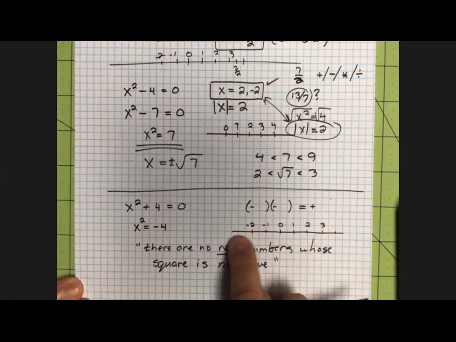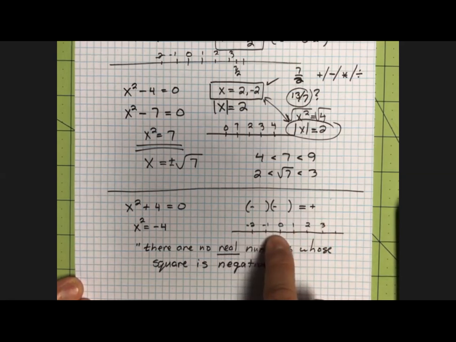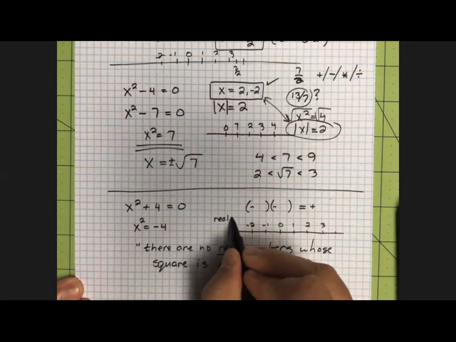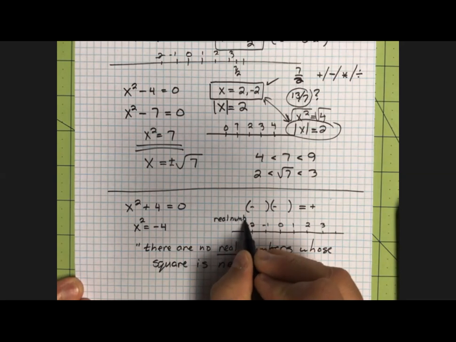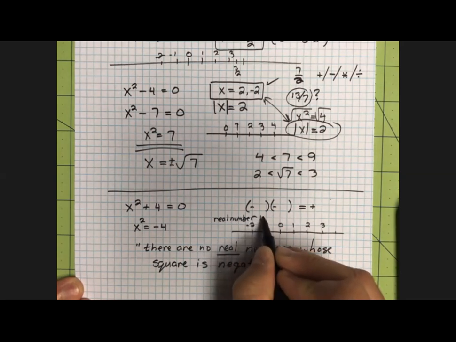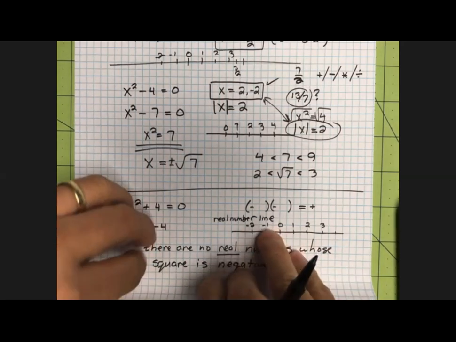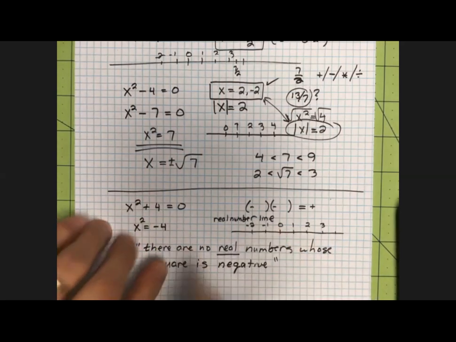Any one of the negative numbers I square, I get a positive result. If I square 0, I get 0, not negative. So this thing right here, called the real number line, the answer is certainly not here. But that doesn't mean I cannot make up an answer. So let's invent a number that solves that problem.